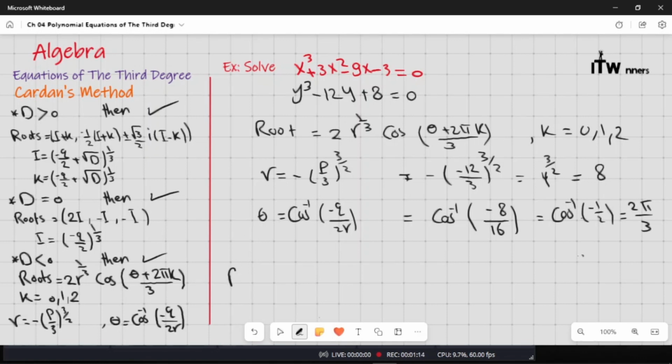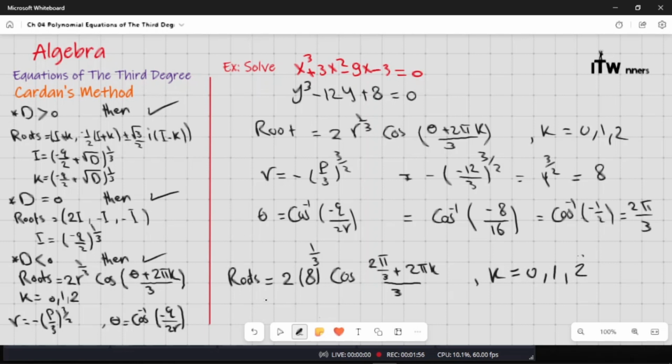So the roots will be equal to 2, cube root of r, where r here equal to 8, times cosine of 2 pi by 3 plus 2 pi k by 3, and k equal to 0, 1, 2.